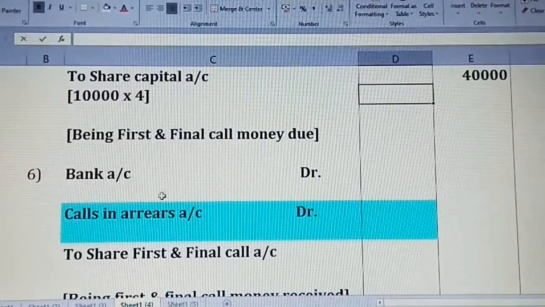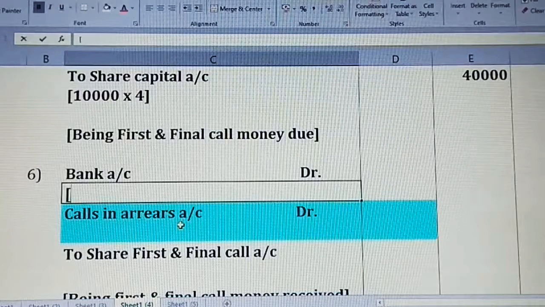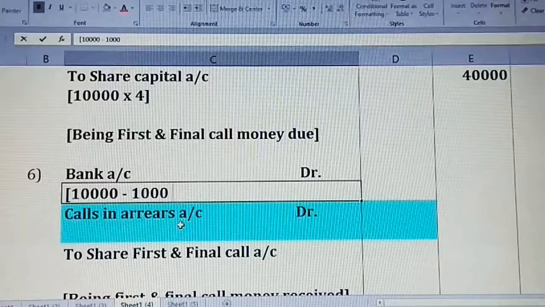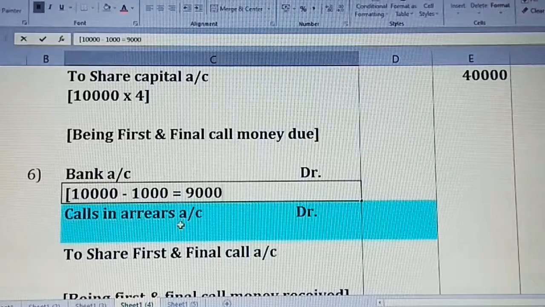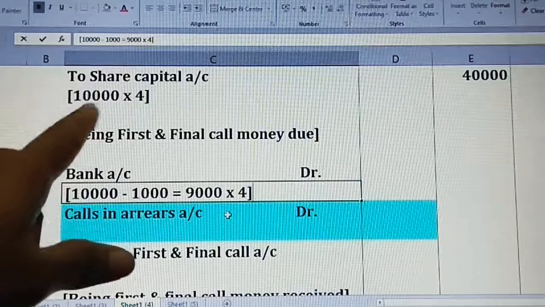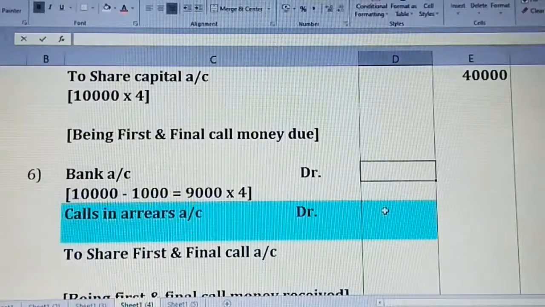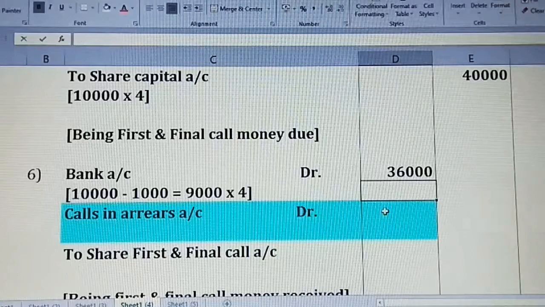Moving on to the bank account, 10,000 minus 1,000 shares, we get 9,000 at rupees 4. So this is a due value, but what actually we are receiving is for 9,000. 9,000 into 4, 36,000 is what is received.